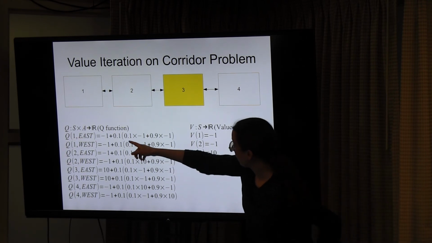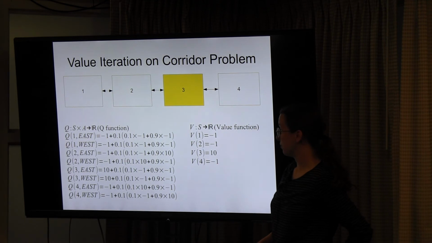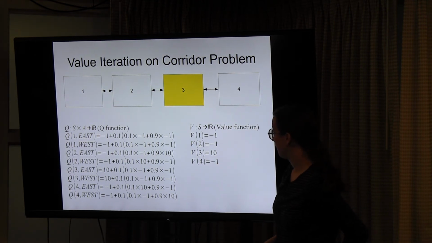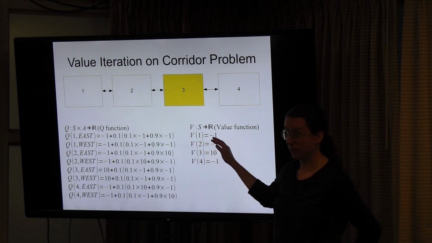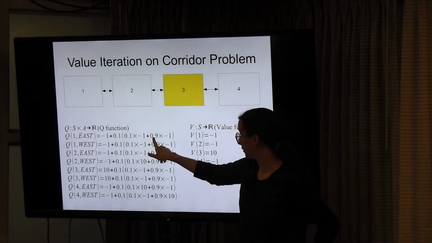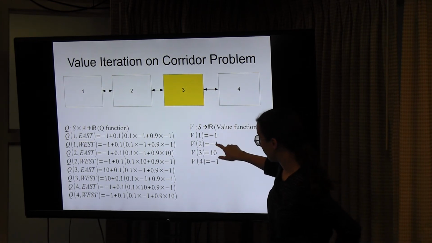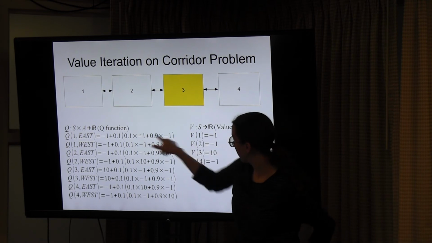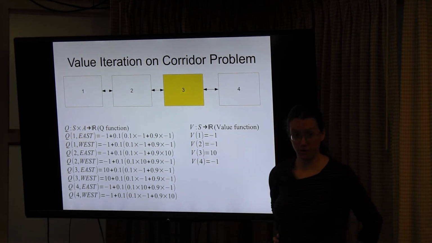So if I'm in state 1 and I take the east action, I could go to state 2, or I could stay where I am, right? So if I hit the wall, I stay where I am. So what I'm going to do is, and that's 0.1 and that's 0.9, that those two things happen. I'm going to go and look up in my value function and see, oh, the value of this is -1, and the value of this is also -1. So I get an update like that.